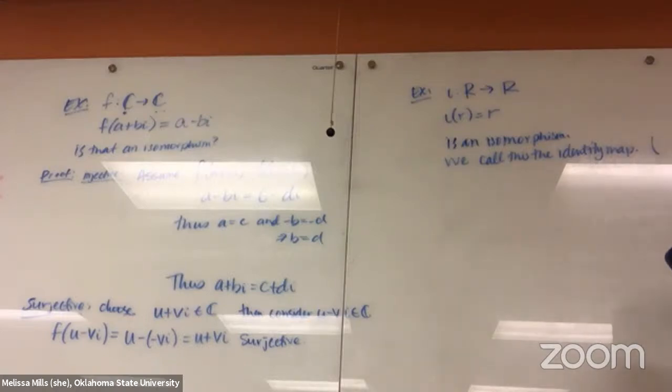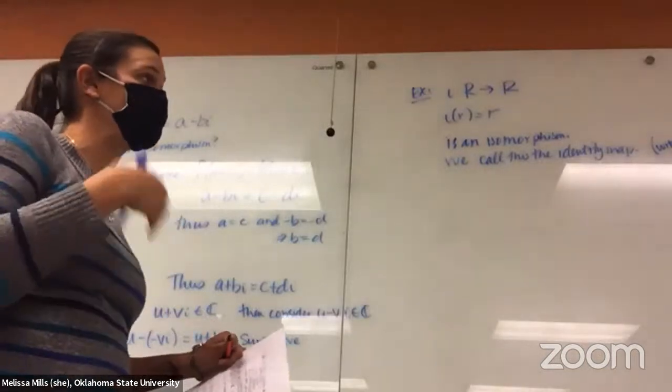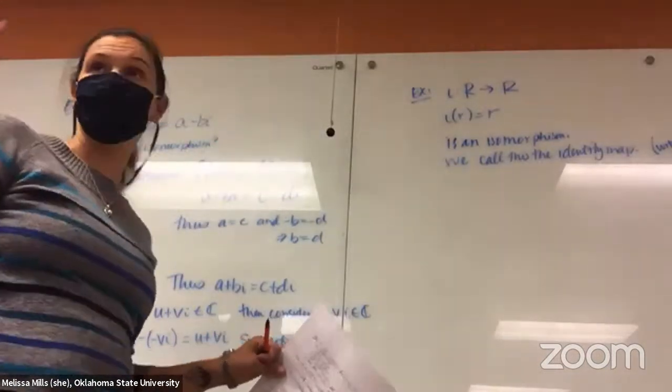We can explore that some more later, but I just wanted to plant that seed. So that's going to be the identity element with respect to function composition if we had a ring of mappings.